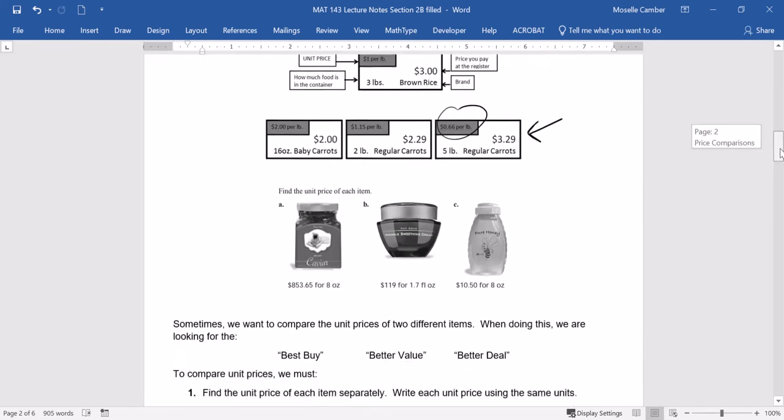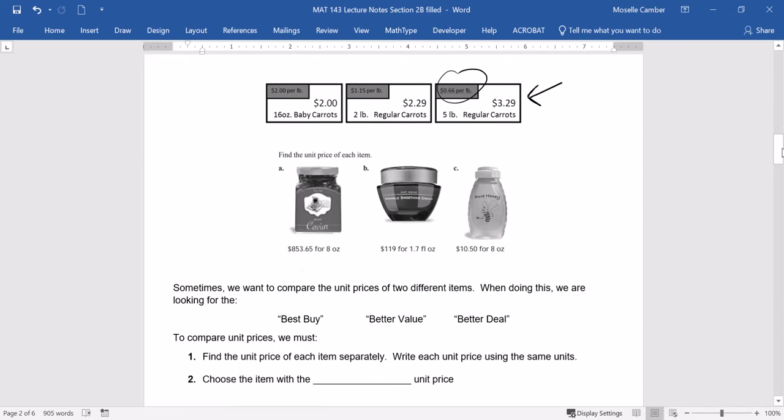So let's practice actually finding that number for ourselves. Let's say we have this jar of caviar. It costs $853.65 for this 8-ounce jar of caviar. Well, what is that going to be per ounce? Remember, per in math means division. So we want a cost per unit. So we want our cost of $853.65 per 8 ounces.